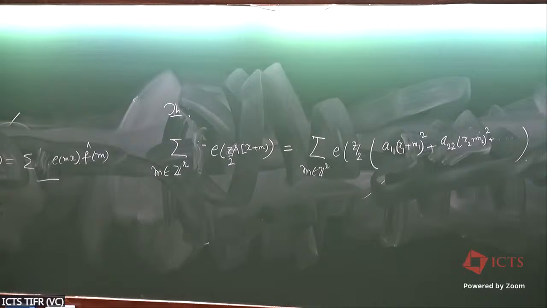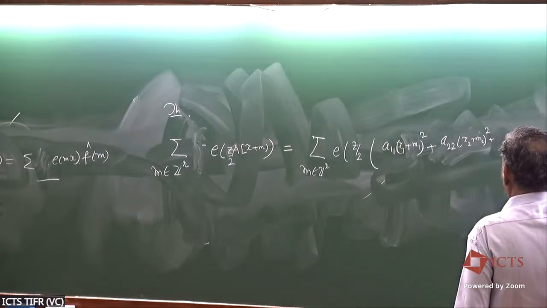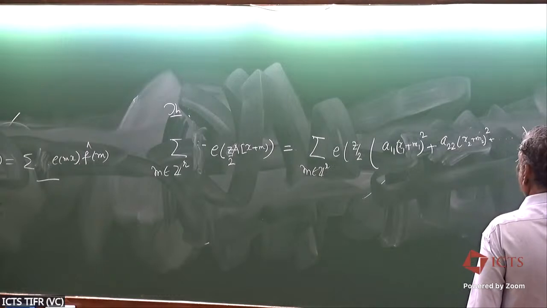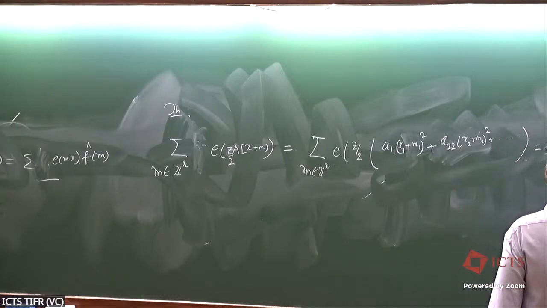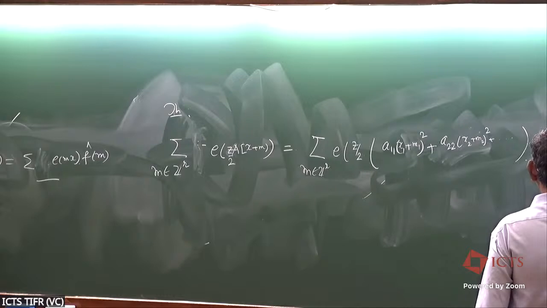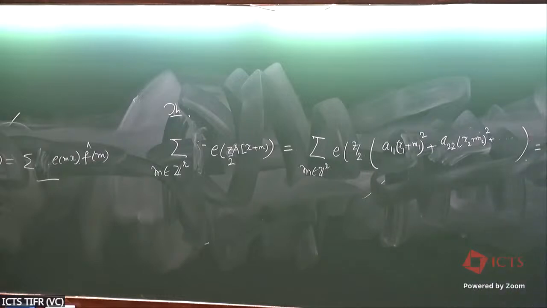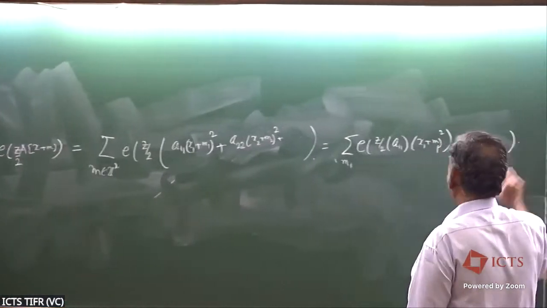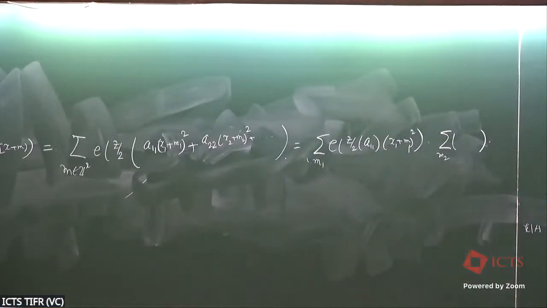Therefore this is e^{πz/2}, a11, (x1 + m)² — this is the sum over m1, times the sum over m2, and so on. Each one I can do separately and then simplify. Is it okay?